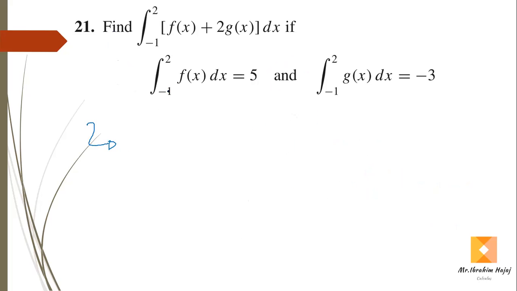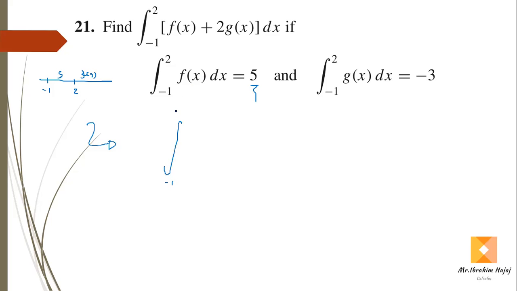طيب اوكي. حل 21. Given here the integral from negative 1 to 2 of f of x plus 2g of x. Find when f of x الحالها equals 5 من negative 1 to 2, and then from negative 1 to 2 for g of x. This is for f of x equals 5. في function تبقى عادي adding this.